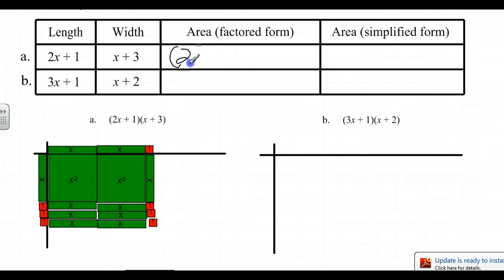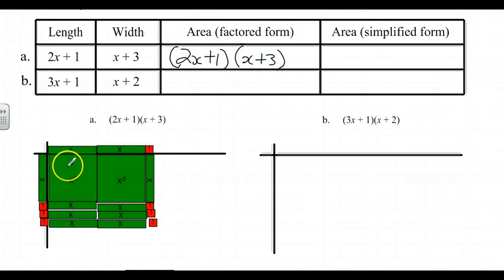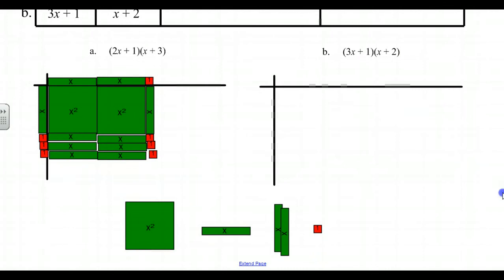So factored form is length 2x plus 1 times width x plus 3, and the simplified form, well, we have 2x squared, we have 1, 2, 3, 4, 5, 6, 7x, and 3 1s, so plus 3.